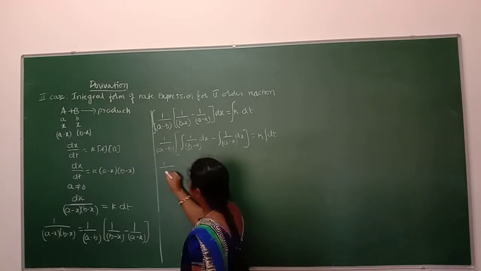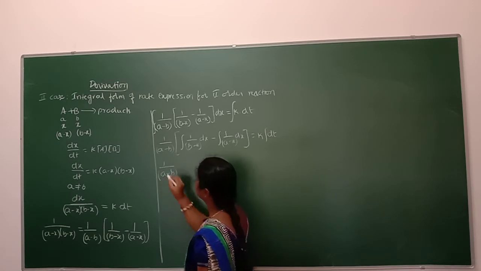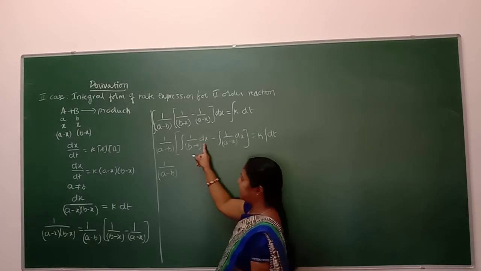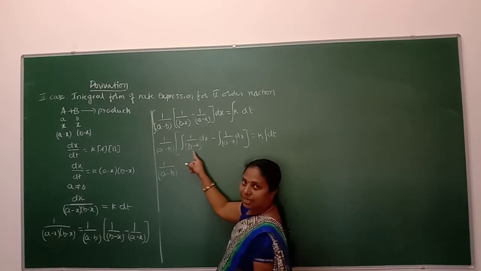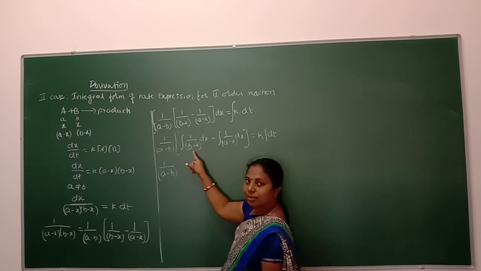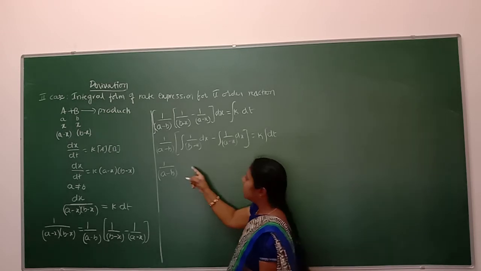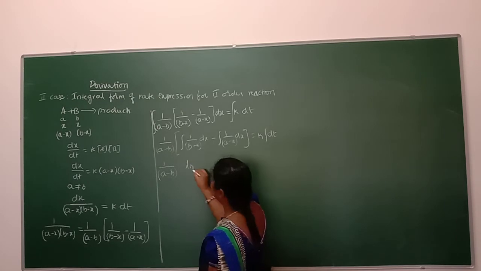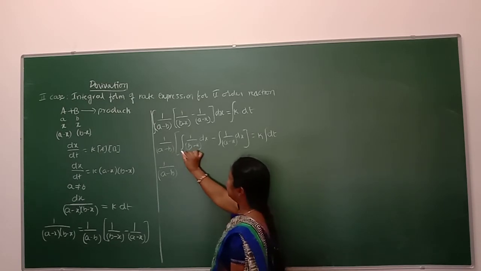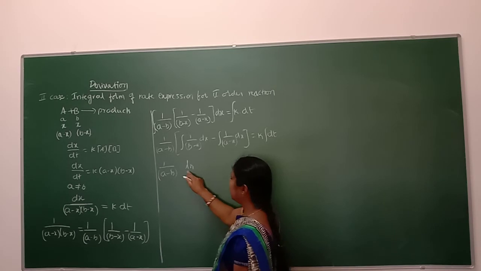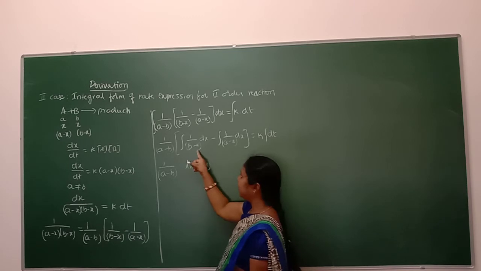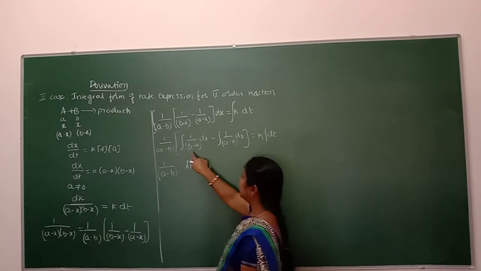So we are calculating the integral form of these three terms in the equation. 1 divided by (a minus b) we write as it is. Integration of 1 by x with respect to x is log x. In chemistry, log is written in the form of ln, which is the log to base e. So integration of 1 by x is ln x, where the x value is b minus x. And we have to take the differentiation of the inner side, that is b minus x.